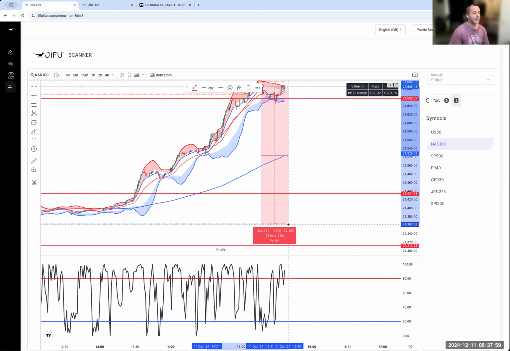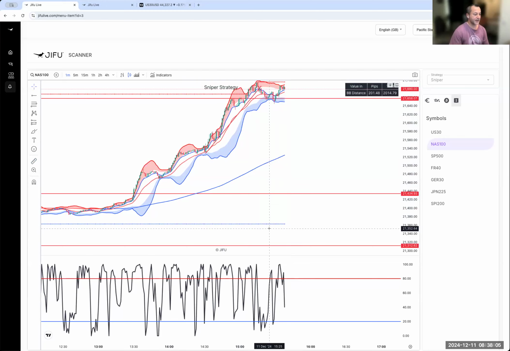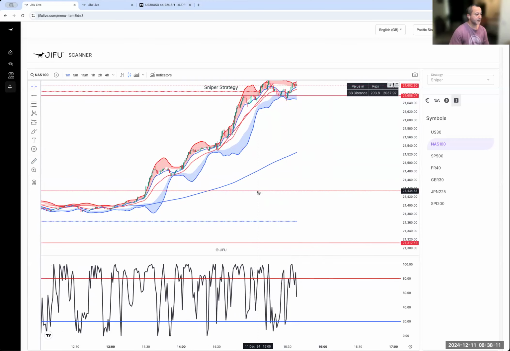Probably not, but it is possible, and does happen often, especially when price stays within range. So just to note, I'll show you how that turned out on US 30 as well.